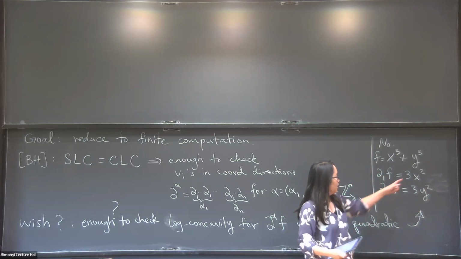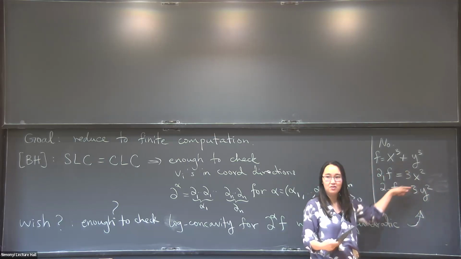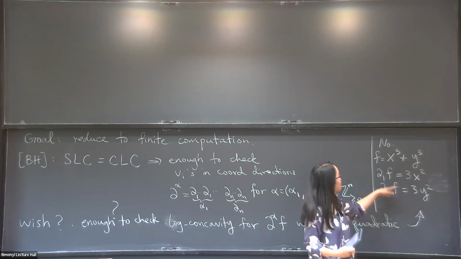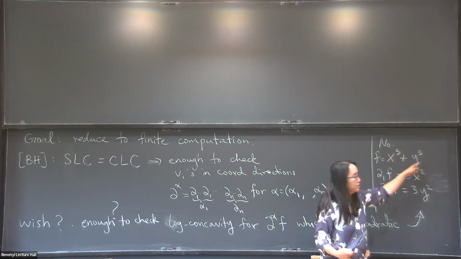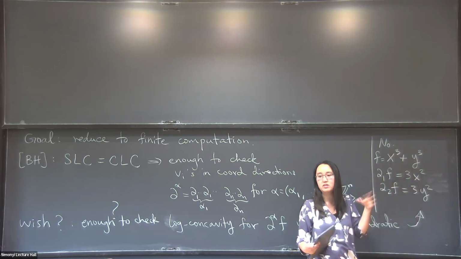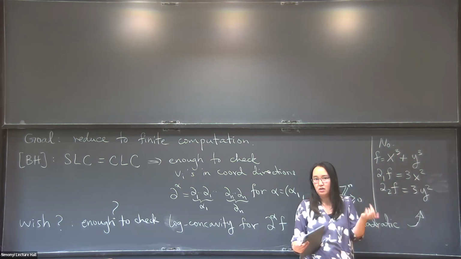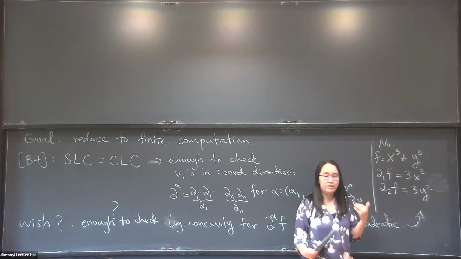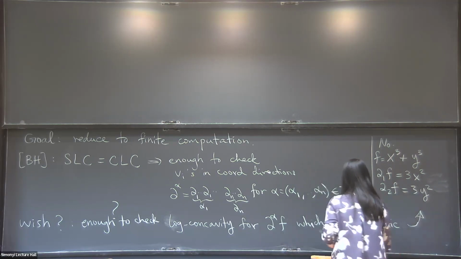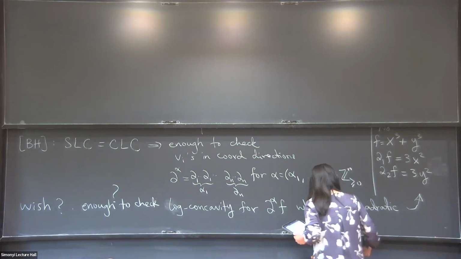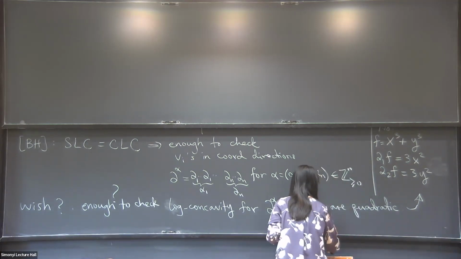These are stable, therefore Lorentzian, but you can show, I won't do the computation, that f is not Lorentzian. So it's not enough to check the quadratic partial derivatives. Some extra condition is needed.